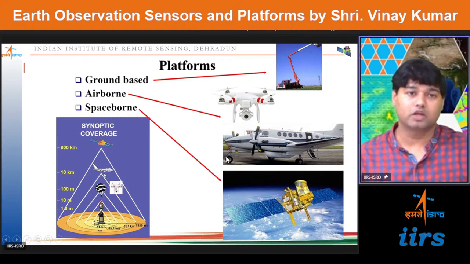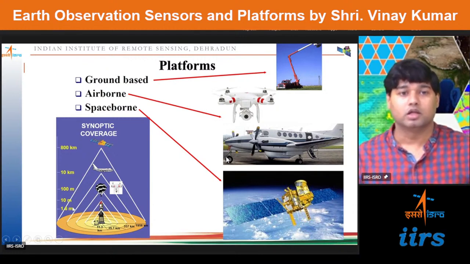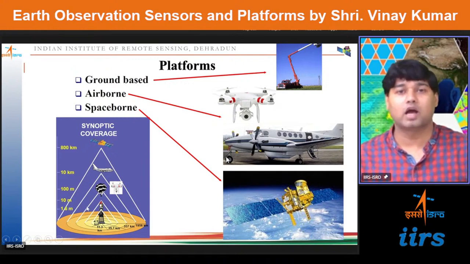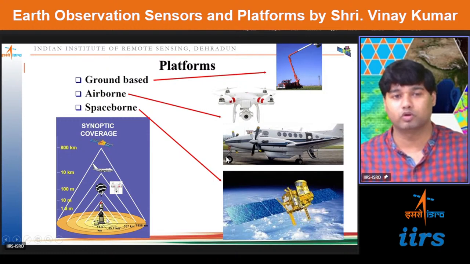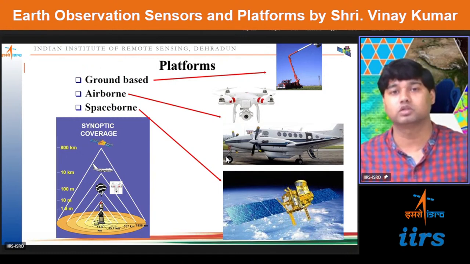With a platform altitude of 10 kilometers, like a normal aircraft, it covers a smaller area. Hot air balloons, and nowadays UAVs and drones, are being used. With 100 meters, it can cover a smaller area. Then at 10 meters altitude, a high-rise building or crane can also be used for photography. And even we humans can stand and go to the field for collection of ground truth data.